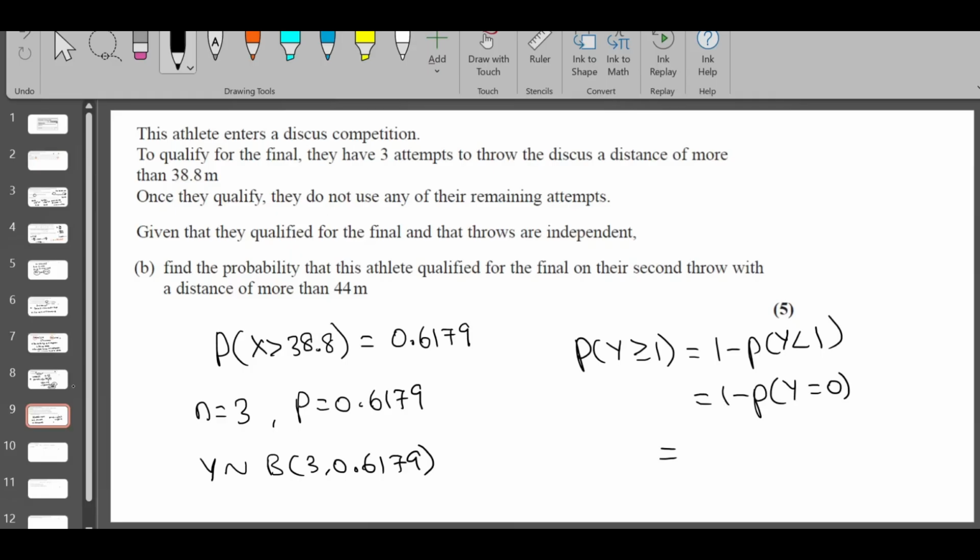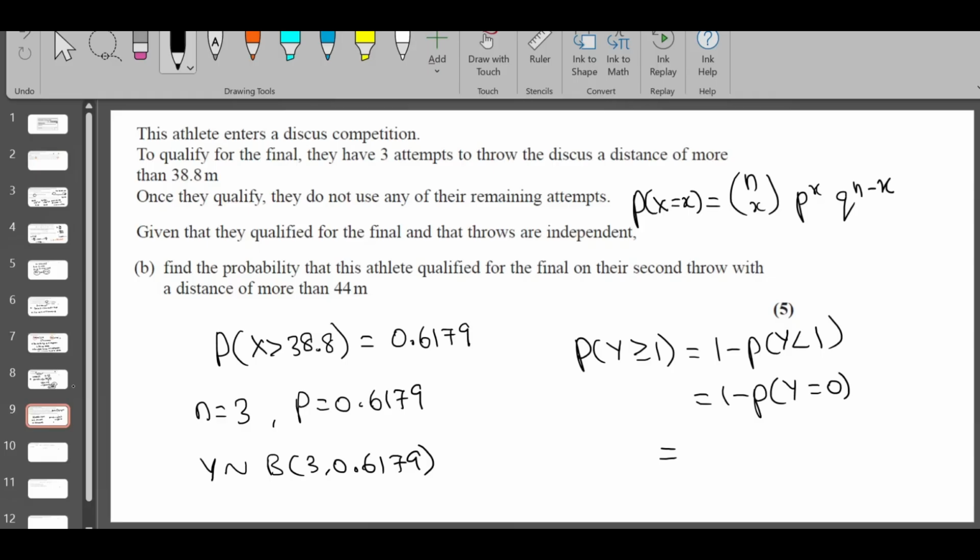In binomial distribution, remember this formula: P of X equal to x is nCx p to the power x, q to the power n minus x. You will learn this binomial distribution in detail in Statistics 2. But in S1, they always ask this type of question together with normal distribution.